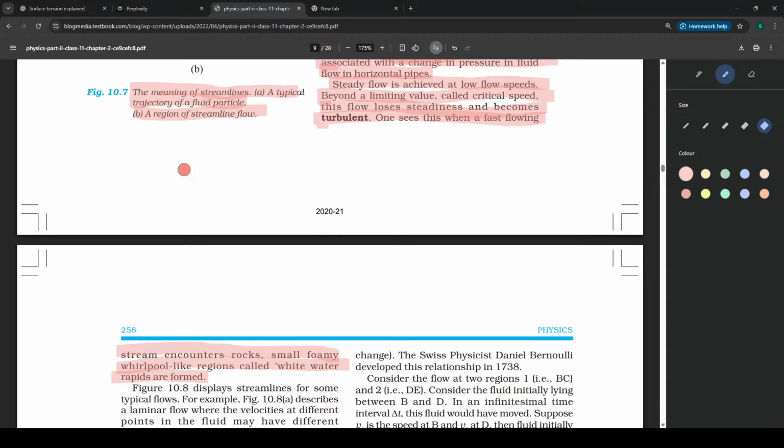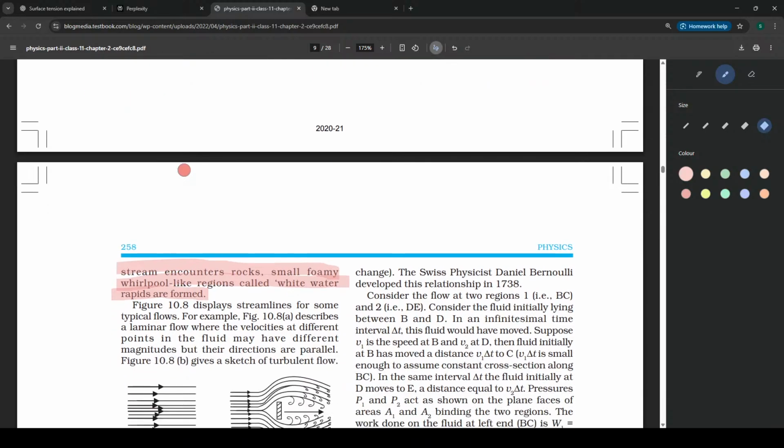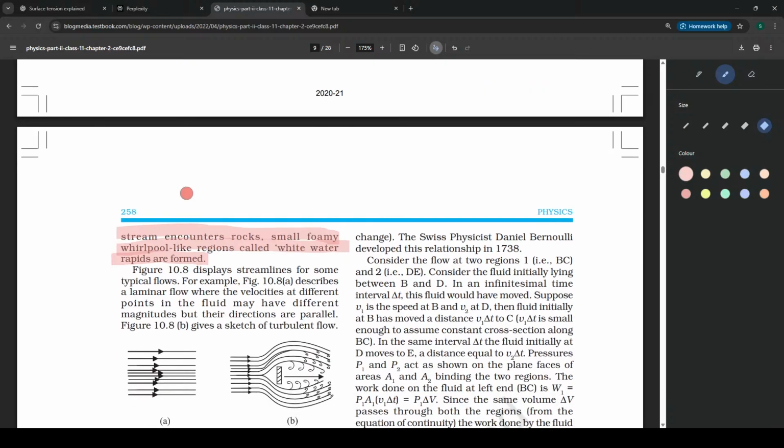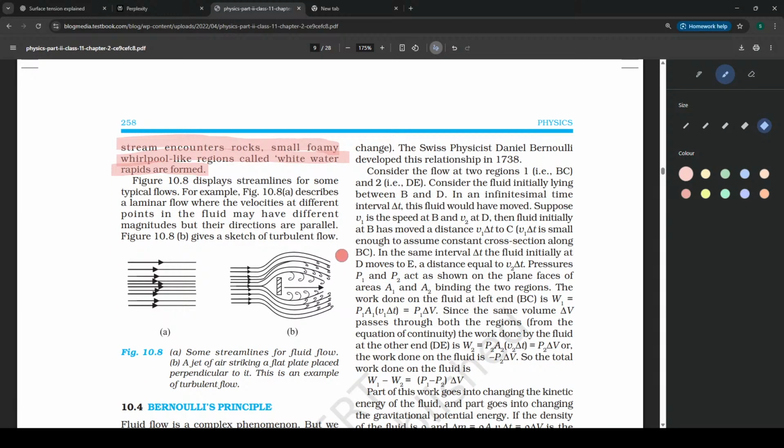The opposite of steady is turbulent, where at each point the velocity of the particle will not remain constant. One sees this turbulent flow when a fast flowing stream encounters rocks and small foamy whirlpool-like regions called whitewater rapids are formed. Figure 10.8 displays streamlines for some typical flows.